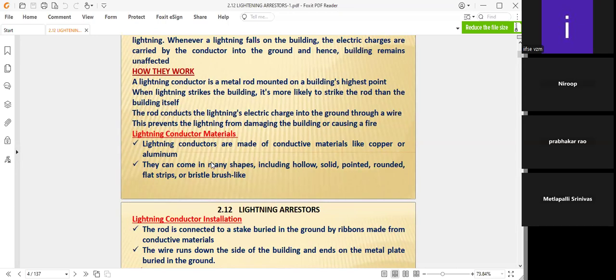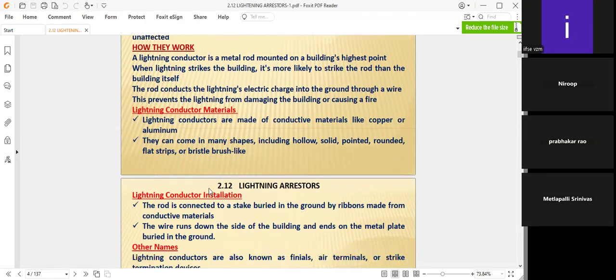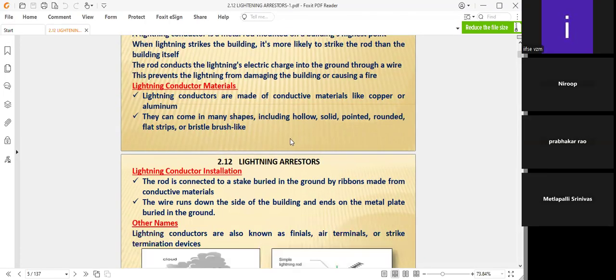The material should be copper or aluminum, which will function for a long lifetime, or otherwise works for some period of artificial duration. They can come in many shapes, hollow or solid, pointed, and depending upon the material, definitely the cost will be impacted.